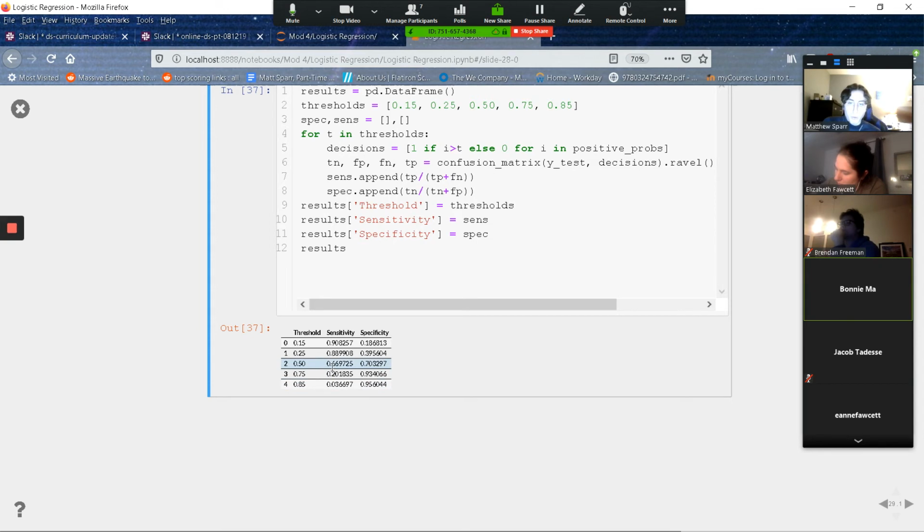In the middle at 0.5, we have the results we already saw. It's basically the point where both are maximized. But if we wanted to raise the threshold to, say, 0.75, then we would get a much higher specificity, but we would lose out on sensitivity. So depending on what our outcome is and what's important to us, we can modify this threshold to shift predictions in our favor and to increase either our sensitivity or our specificity.